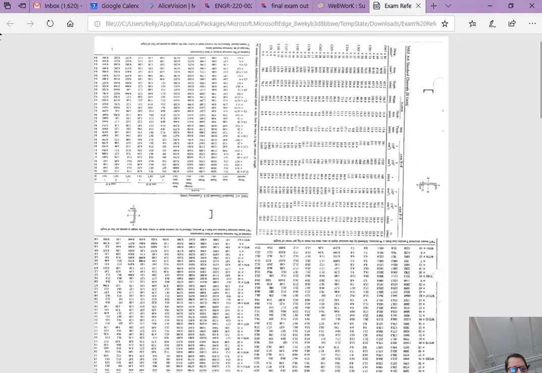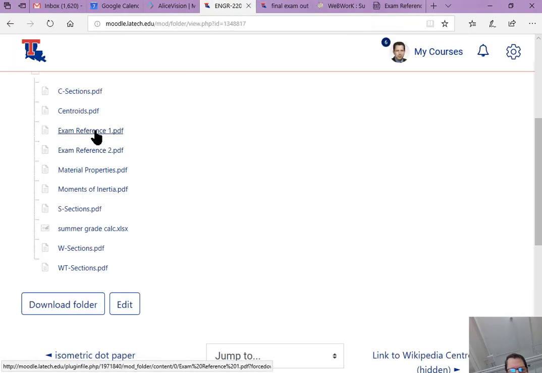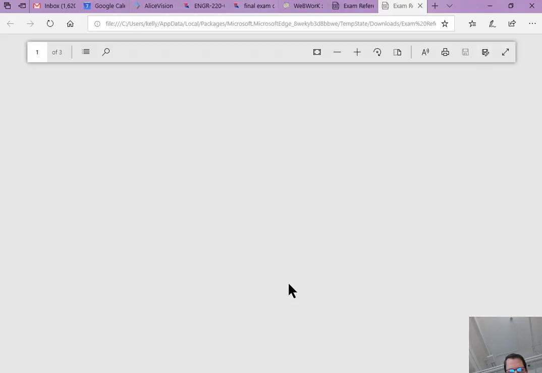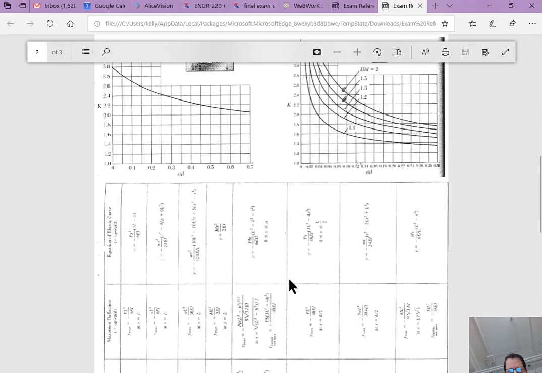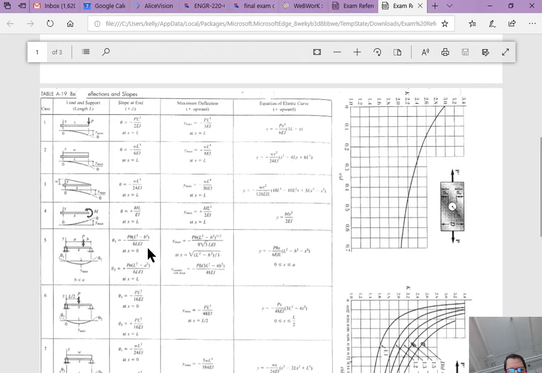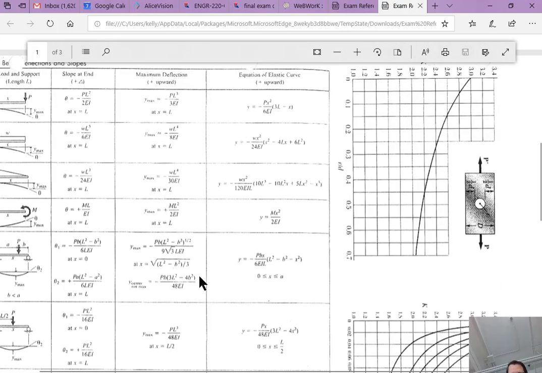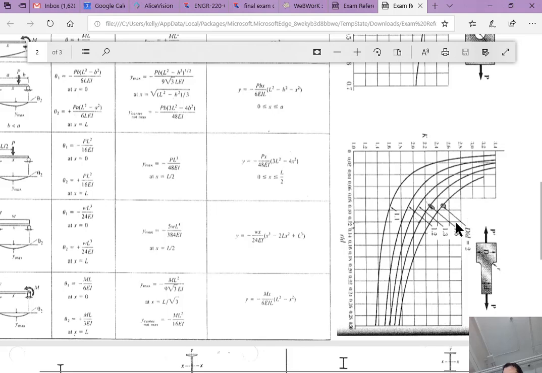Nope, must be in the other one. You get this chart right there with the 8 cases. I think the one that's linked as a web link in Moodle actually has 10 cases. You get this one that has 8 cases on it. And all of these little charts with the lines on them, those are the stress concentration charts. So you'll get those.